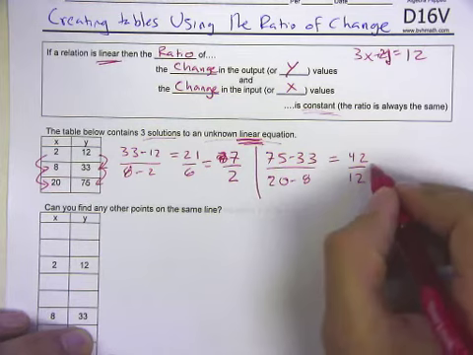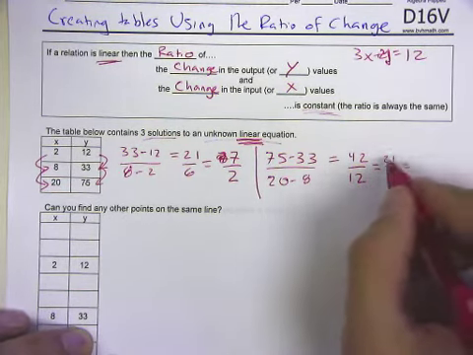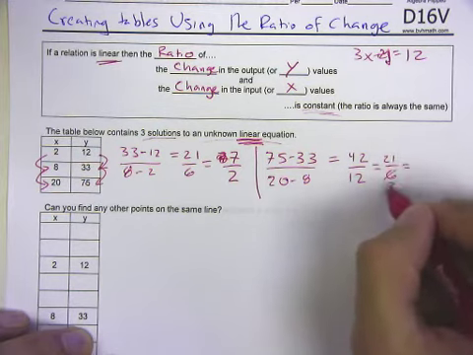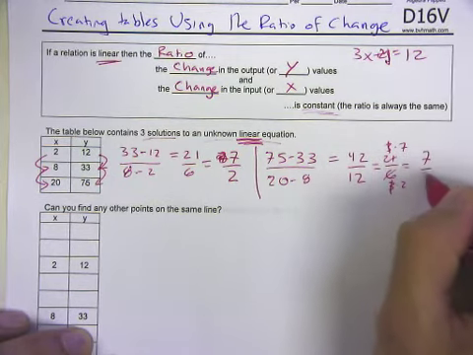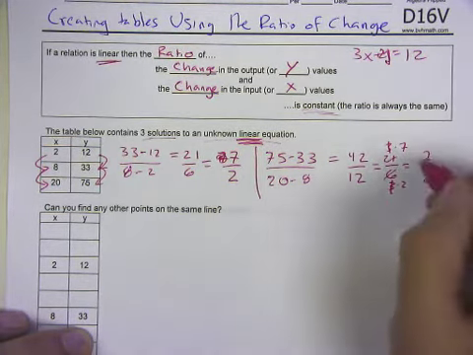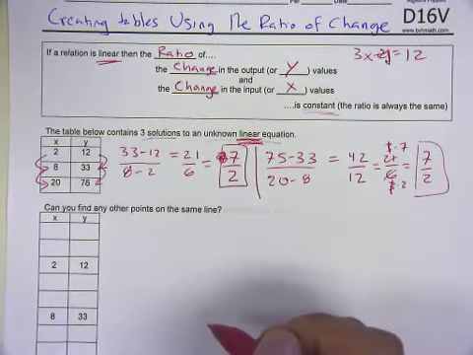Both of those can be divided by 2, which would be 21 over 6. And then they both have a 3 in them, so that would be 3 times 7 over 3 times 2. The 3's divide out to 1, and we have 7 over 2. So we see that it's linear because it has this same ratio of change.